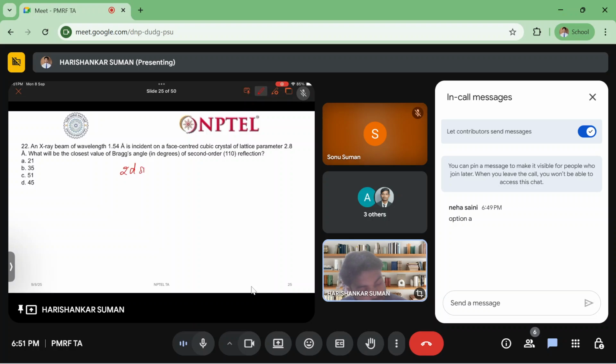Use 2d sine theta equal to n lambda and the second equation for d. Use first and second, and the other things are given here. We have to calculate the Bragg angle. You can take 5 minutes for this question, but solve.